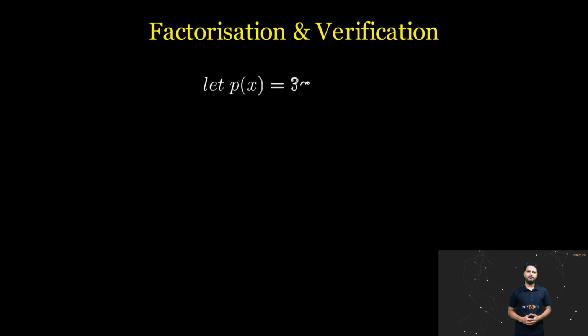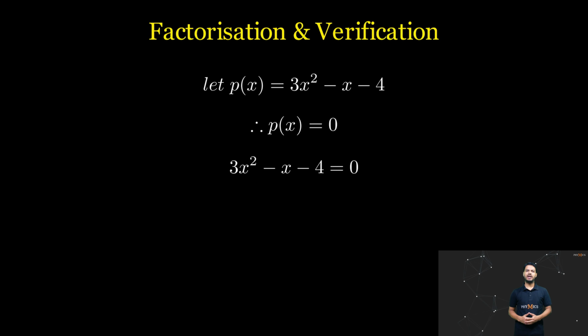Moving on to the sixth problem. Let the polynomial be p(x) = 3x² - x - 4. Now to find the zeros, just equate this polynomial p(x) to 0. By inspection, direct common method fails. Since it is a quadratic polynomial, by using the splitting middle term we get p(x) = 3x² - 4x + 3x - 4.